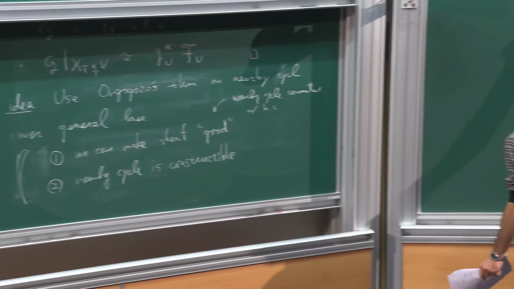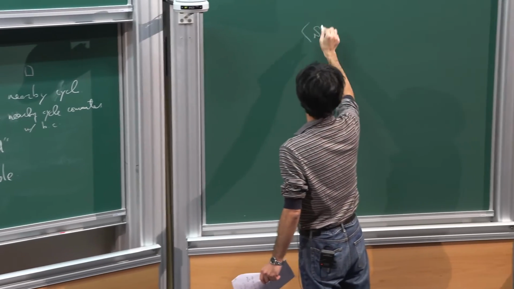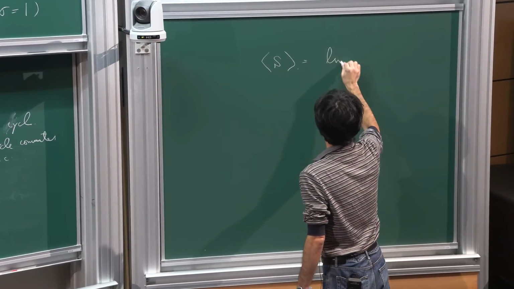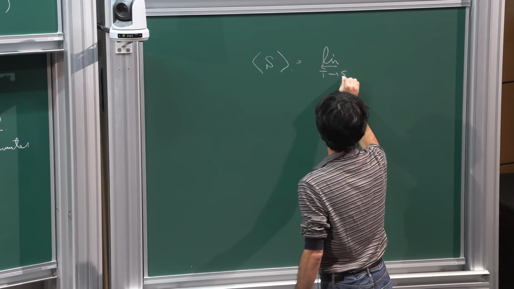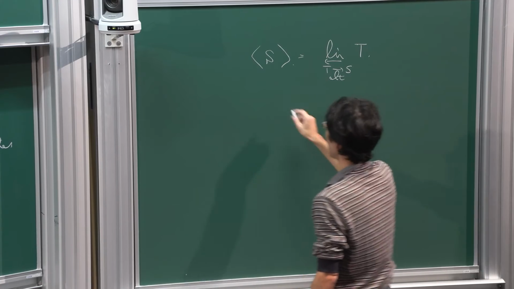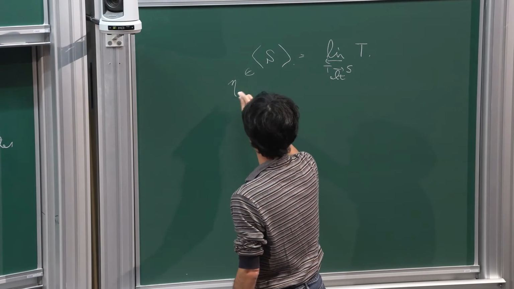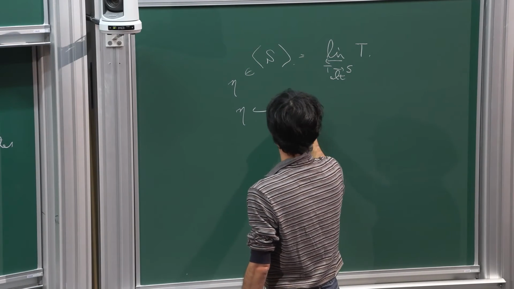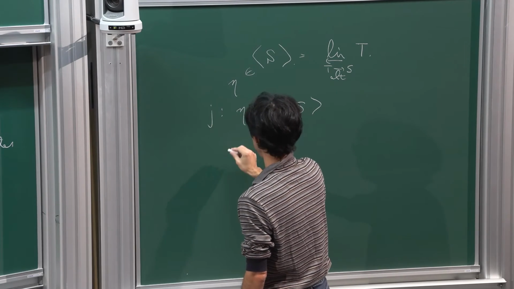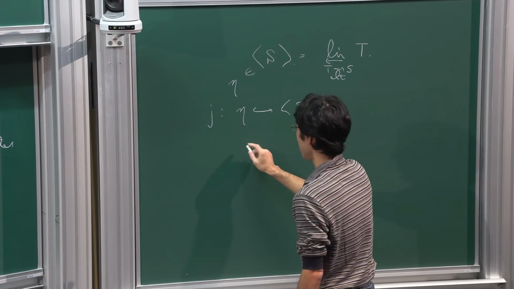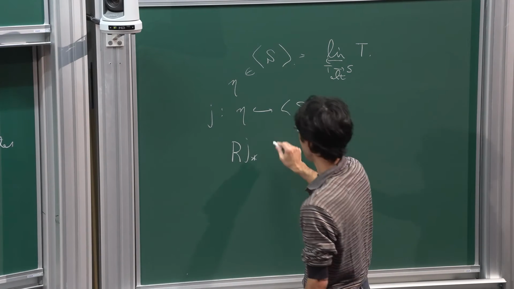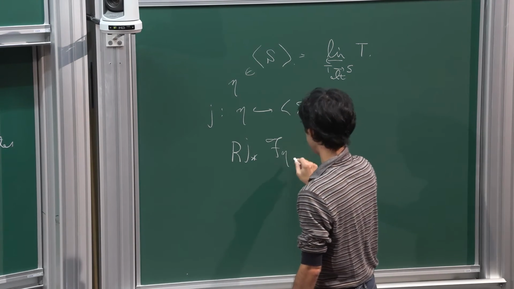I start from S. It's not really a Zariski space, but I take all the alterations T, and on here I have a generic point, and I have eta to S, J, let's call it J. Then I can consider J lower star of R of F, F pulled back to this eta.